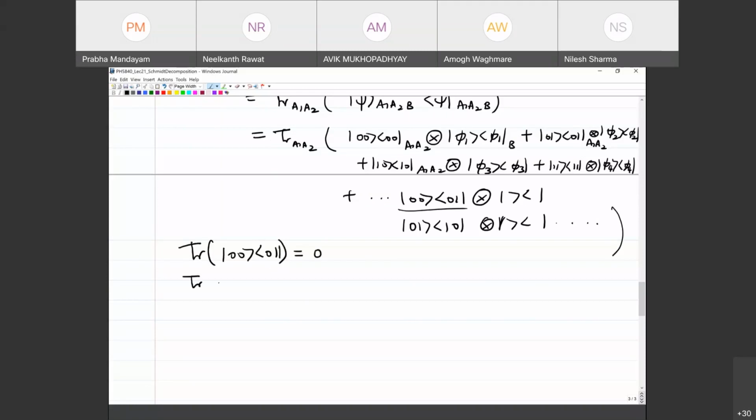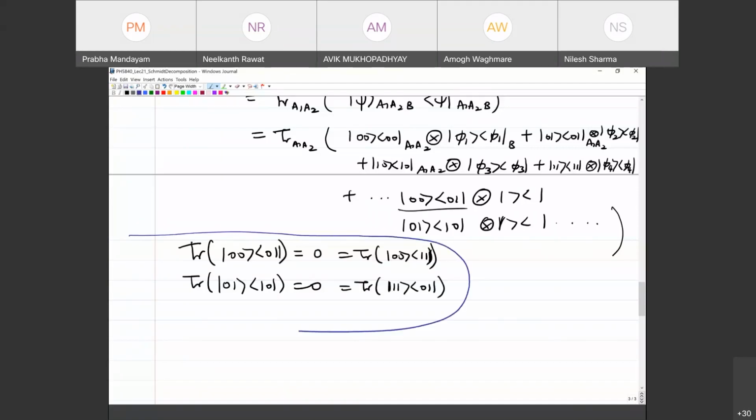The trace of any of these, so |0⟩⟨1|, |1⟩⟨0|, this is 0. Trace of |0⟩⟨0| with |1⟩⟨1| is 0, right? Trace of |1⟩⟨1| with |0⟩⟨1| is 0. So all the cross terms are essentially going to go away because all those partial traces will give me 0.